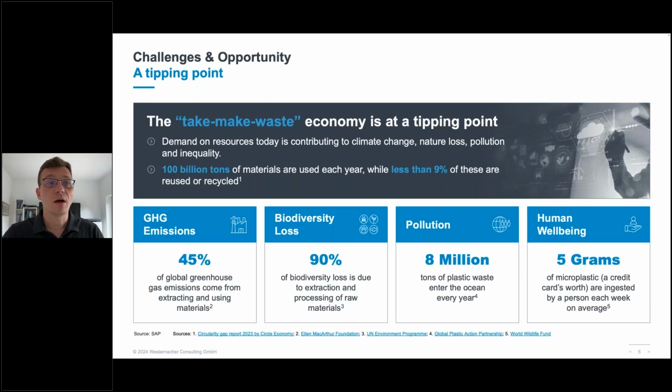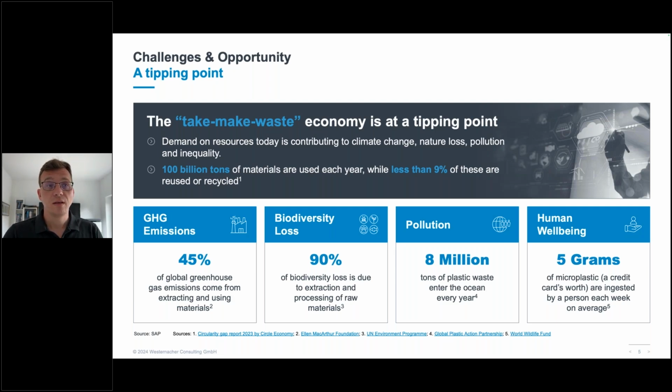Now, why are we talking about this at all? I think it's pretty obvious that right now the world is at a tipping point with regards to sustainability. Our consumption-based economy comes with waste, and something needs to change.